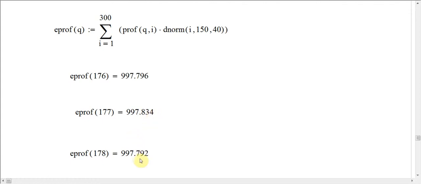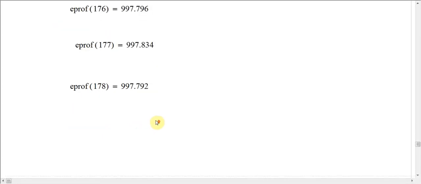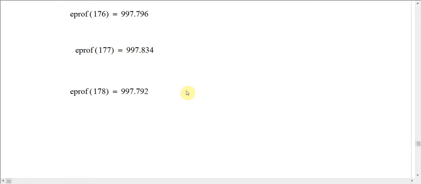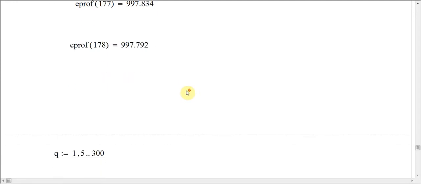And if we over-order, so we order 178 newspapers, the profit decreases to 997.792, which is a little bit lower than the profit for 177. So this confirms that the optimum number we found is correct.